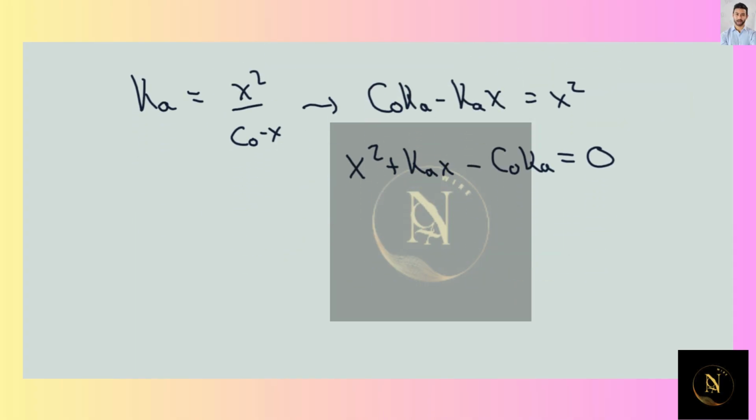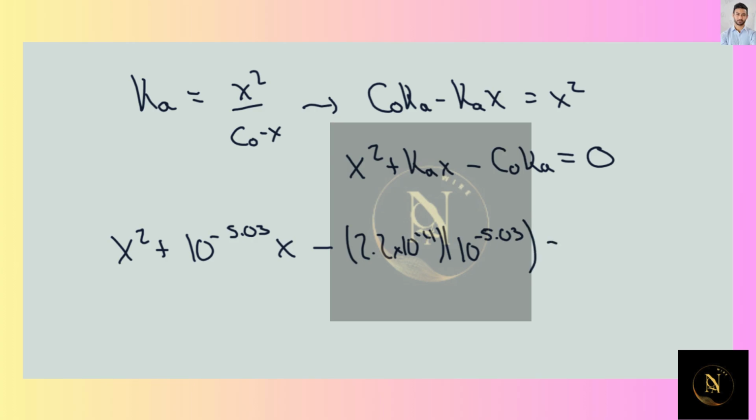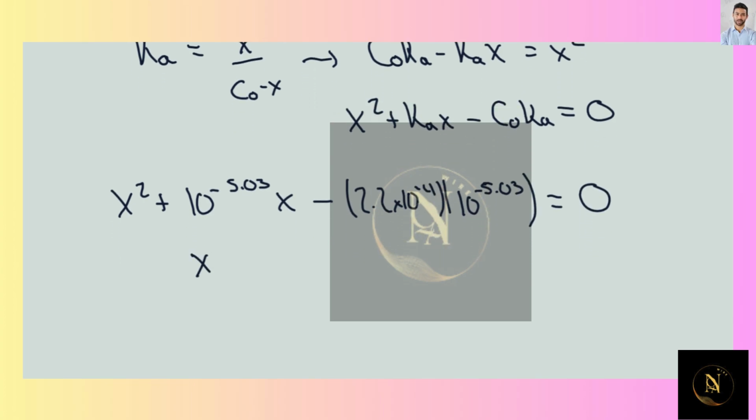Let's replace the values. x squared plus 10 to the minus 5.03 times x minus 2.2 times 10 to the minus 4 times 10 to the minus 5.03 equal to 0. And there are going to be two different solutions, x1 and x2. You can solve this either in your calculator or you can apply the general formula for quadratic expressions.